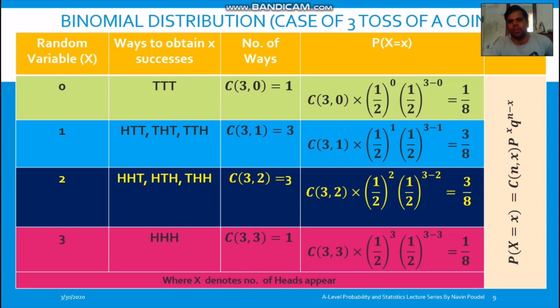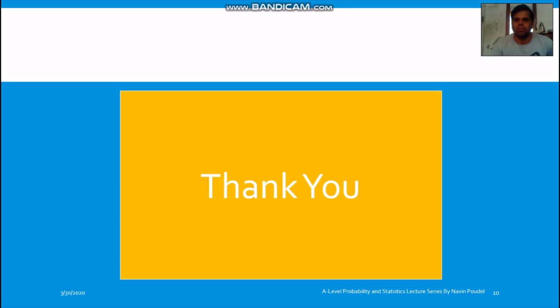This is the formula that we can derive from these experiences, and this is the formula for the binomial probability distribution for x number of successes. X number of successes means x number of heads, where X is the random variable that takes the value x.